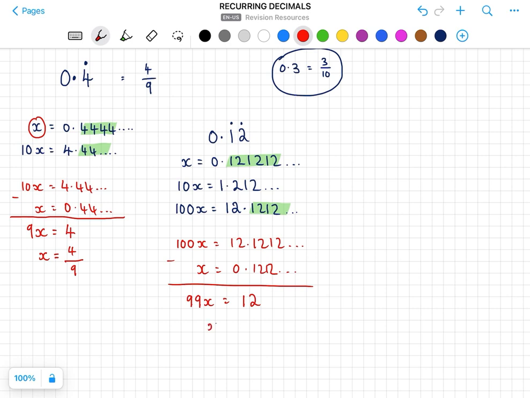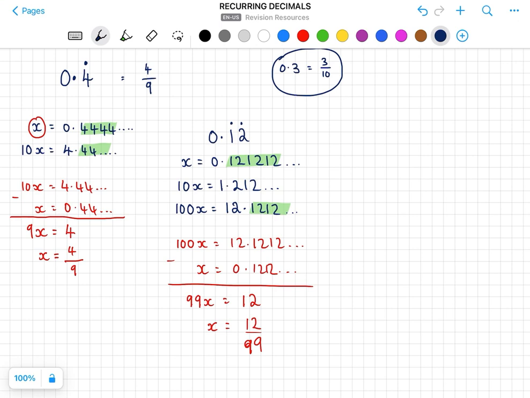Divide both sides by 99 to get x on its own. That's 12 over 99. And the good thing is you can check this on your calculator. If you type into your calculator 12 divided by 99, you should see 0.12 recurring as your answer.